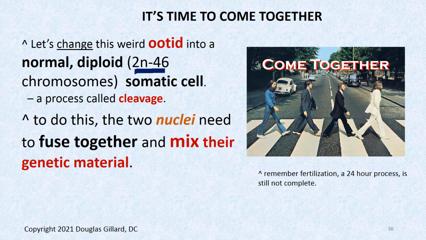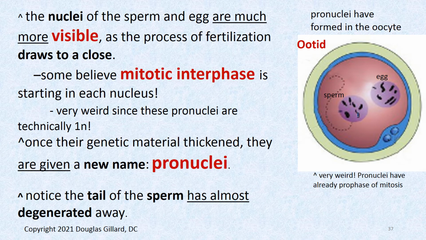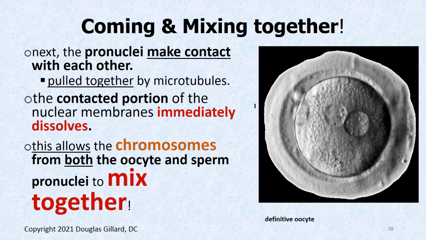Yeah, our clock is ticking. Fertilization is almost done. And here's just kind of backing up, a picture on slide 36 here. There's the sperm. You can see its non-functional tail there. You don't see the microtubules, but there would be thin tubules pulling these guys together. And yep, so interphase is past. We're already in prophase of mitosis at this point.